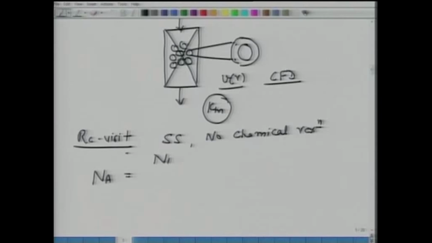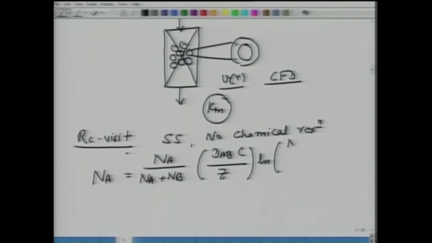equals NA over NA plus NB, times DAB C over Z, ln of (NA over NA plus NB minus XA2) over (NA over NA plus NB minus XA1).